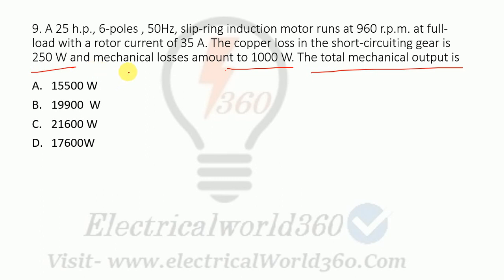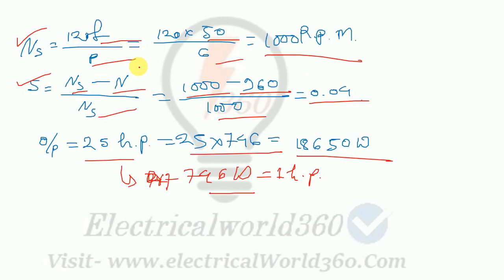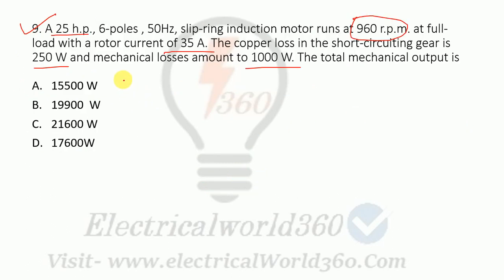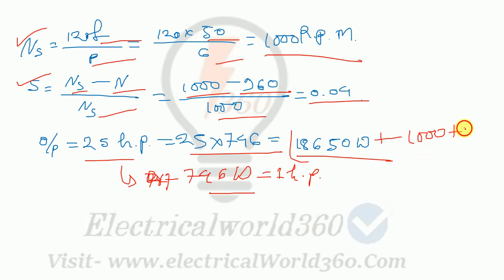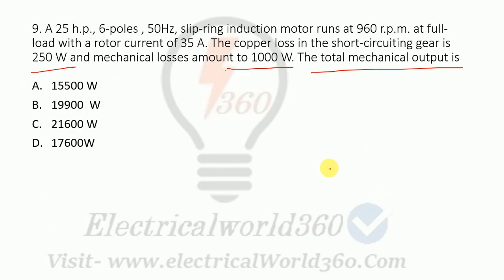So we need to add these amounts with this, that means 18650 plus 1000 plus 250. Okay. So after adding this, then we will get 19900 watt. So here you can see the option number B will be the right answer.